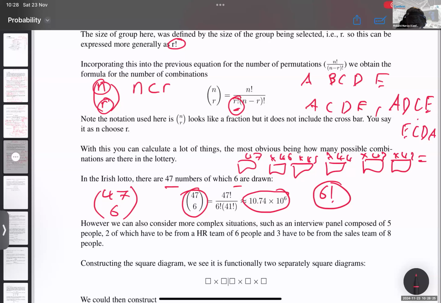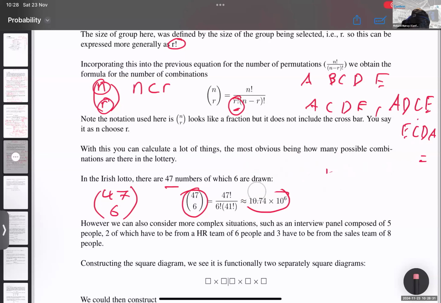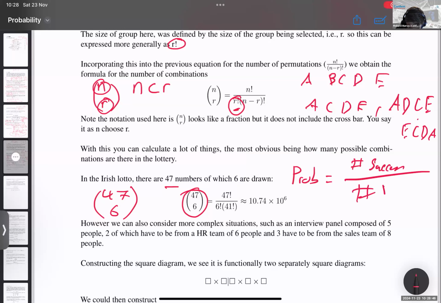We can take our total number of ways, so I'll just make myself a little bit of space here. Probability is equal to number of ways of success, so number of successes, divided by total number of ways possible.